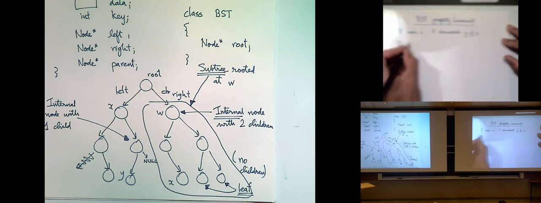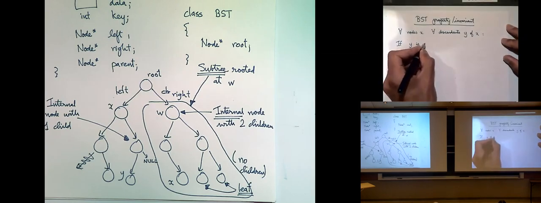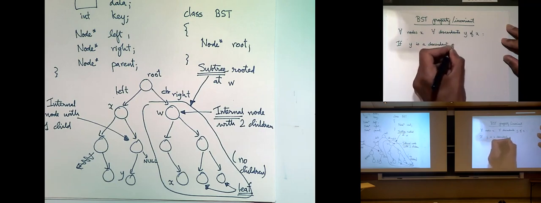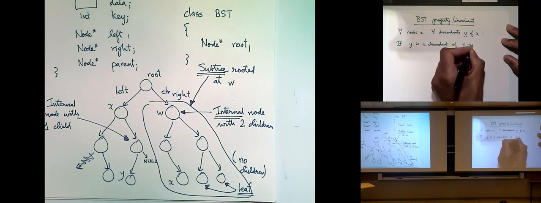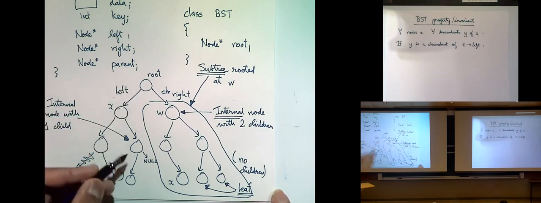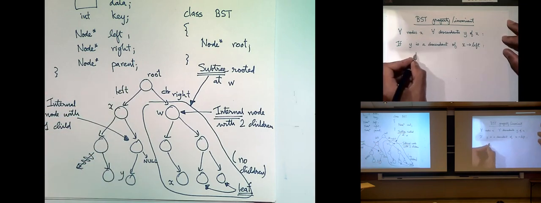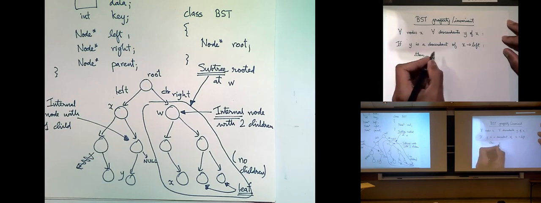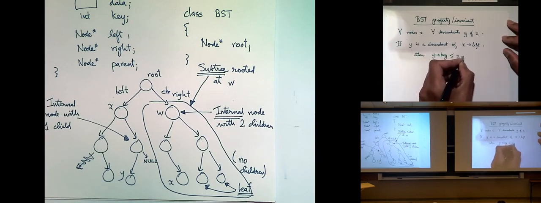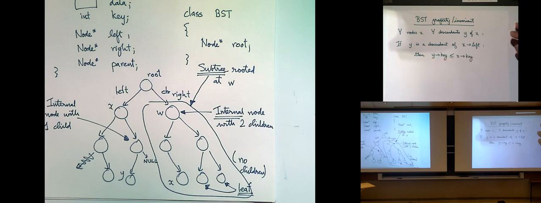if y is a descendant of x arrow left, right? So if y is going down the left side, then the key of y is going to be at most the key of x.